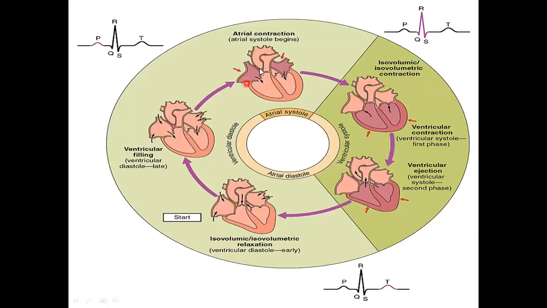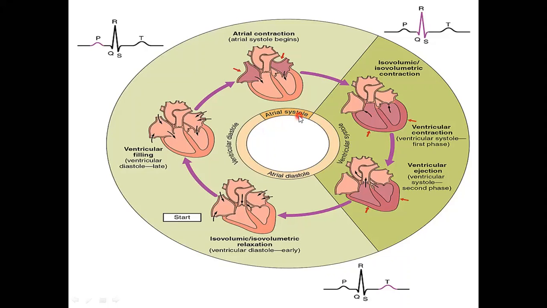This is the diagram which shows the events in the cardiac cycle. In previous lectures we already learned the atrial systole followed by ventricular systole, and when ventricular systole takes place, at the same time atrial diastole is there.